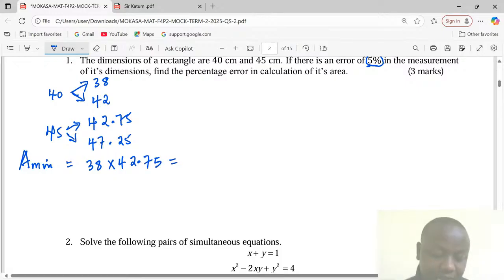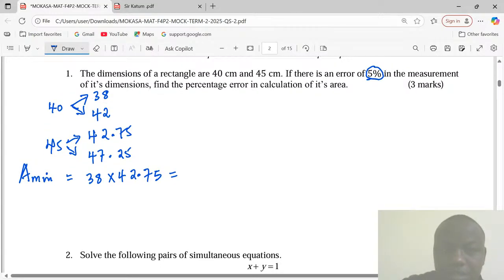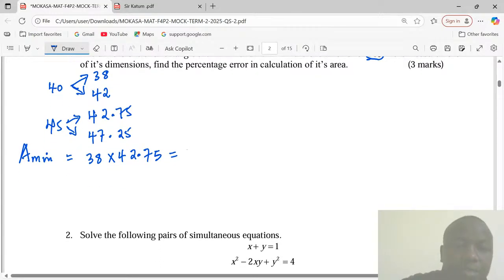So what do we get here? 38 multiplied by 42.75. This is going to be 1624.5 square centimeters. Then we talk about area maximum.